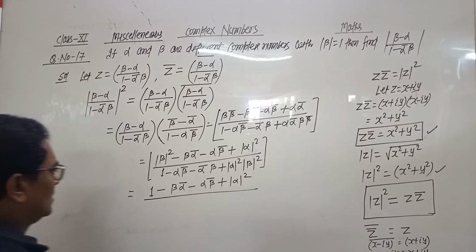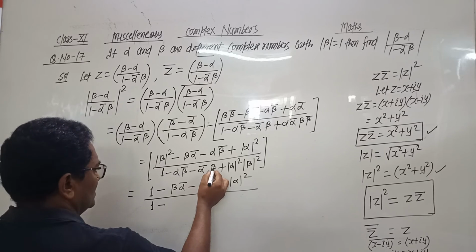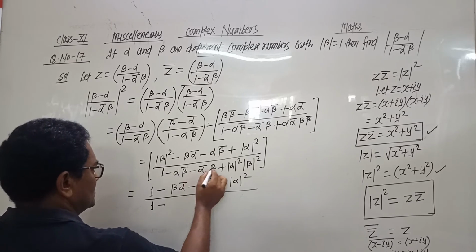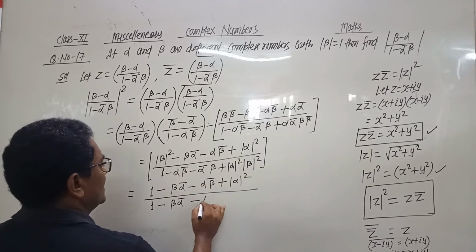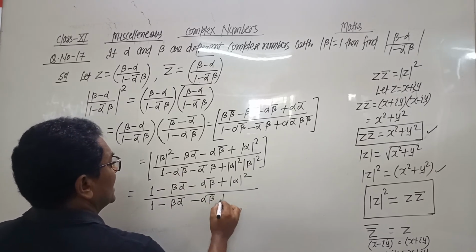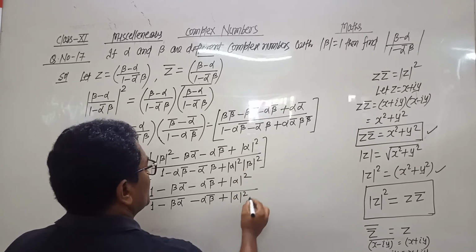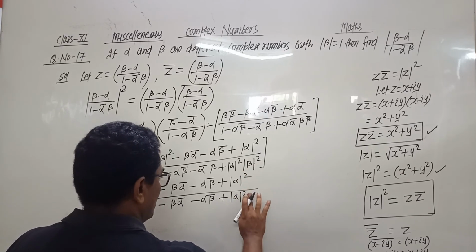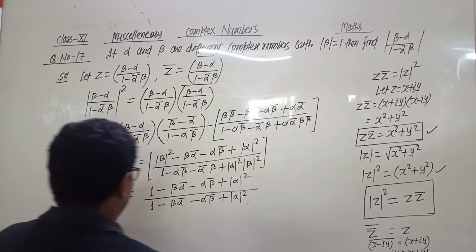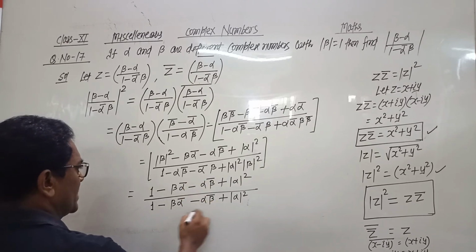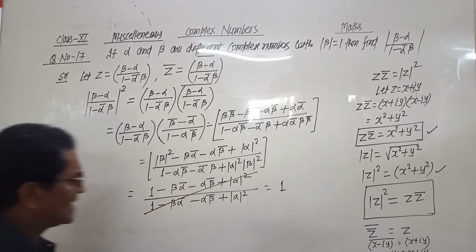From here, 1 as it is, minus beta into alpha bar and minus alpha into beta bar plus mod of alpha square and mod of beta square. This comes to be 1, and 1 multiplied by mod of alpha square makes no difference. So numerator and denominator have the same terms, so they get cancelled.